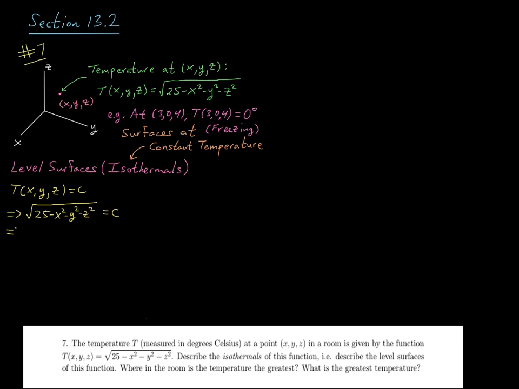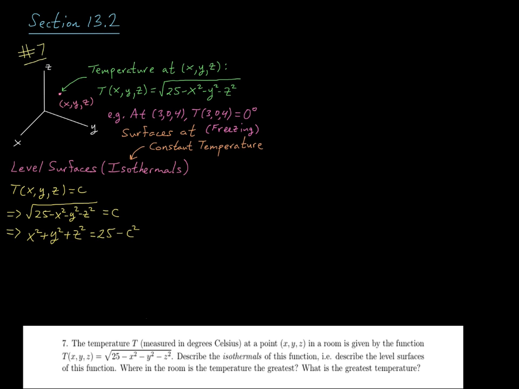Now I'm going to go ahead and rearrange this a little bit. I'm going to square both sides and move the x squared plus y squared plus z squared to one side. So I'm going to get x squared plus y squared plus z squared is equal to, and I had a square here, so I'm going to get 25 minus c squared.